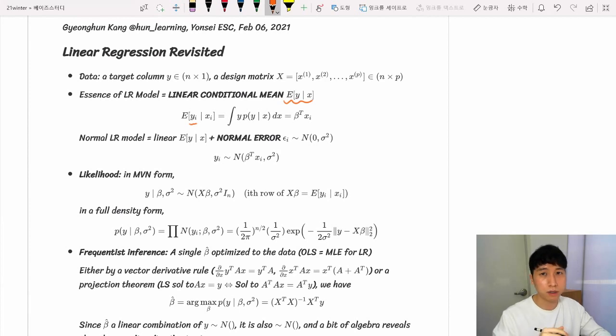It doesn't have to be linear. For any conditional mean, there's no rule that says the conditional mean has to be linear. But the core of the linear regression model is that the conditional mean is linear.